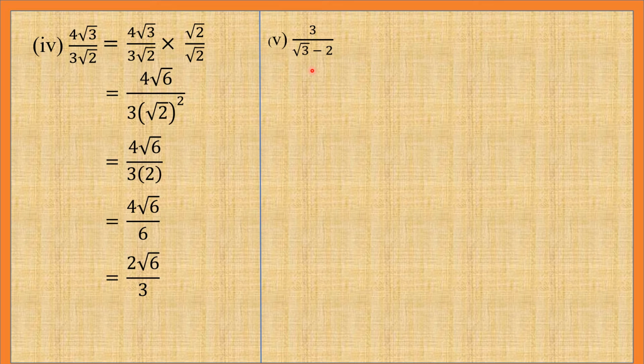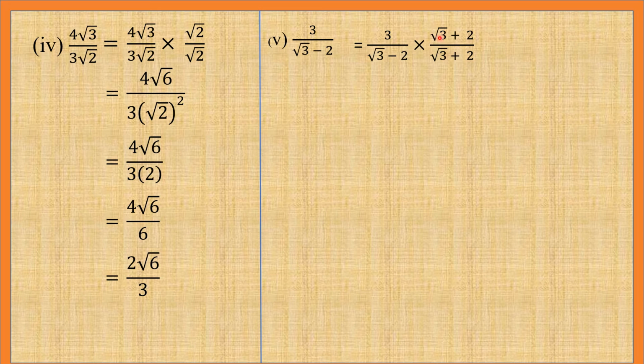Just change the negative sign to positive sign. When you do that, now multiply the top and the down by the conjugate. So this will now be equal to 3 over root of 3 minus 2 multiplied by root of 3 plus 2, that's the conjugate, over root of 3 plus 2.